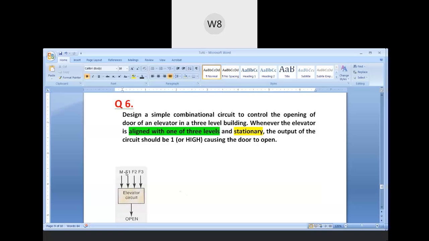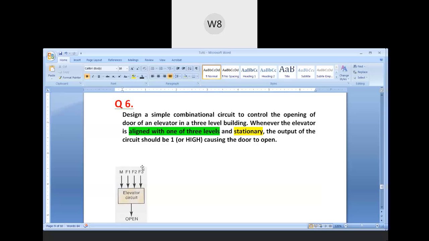For example, the elevator can never align with floor 1 and floor 2, that means the ground floor and the first floor. It is impossible. So whenever you have f1 equal to 1 and f2 equal to 1, at that time the output function could be anything, because that input is never going to occur in real life. Similarly, the elevator will never have input f1 equal to 1, f2 equal to 1, f3 equal to 1.